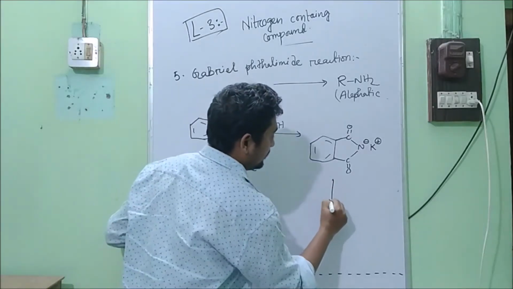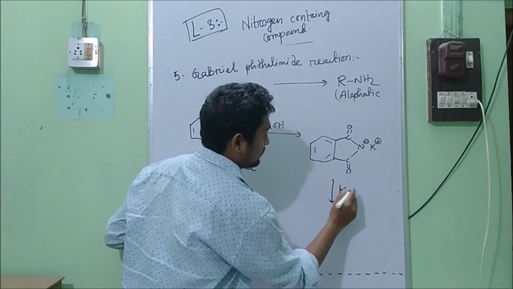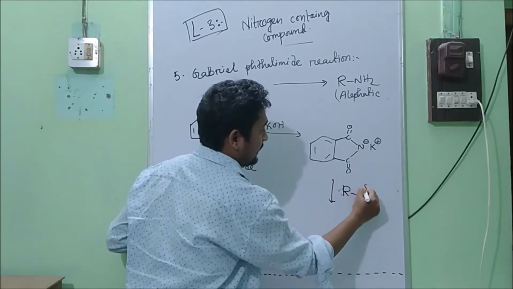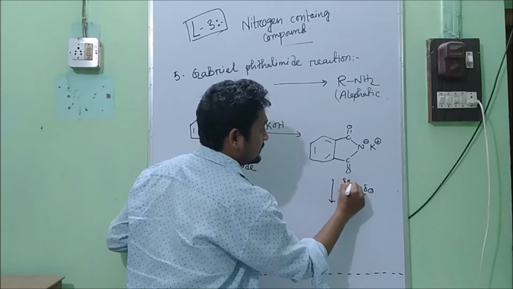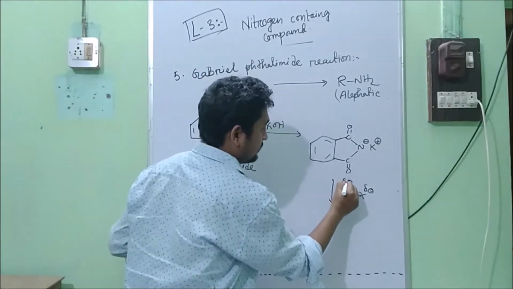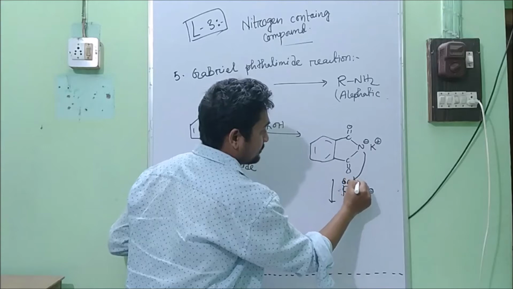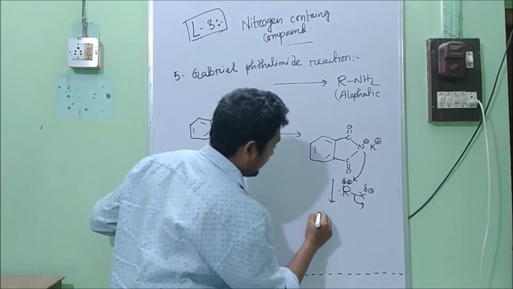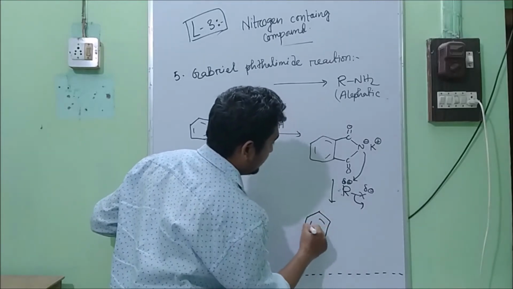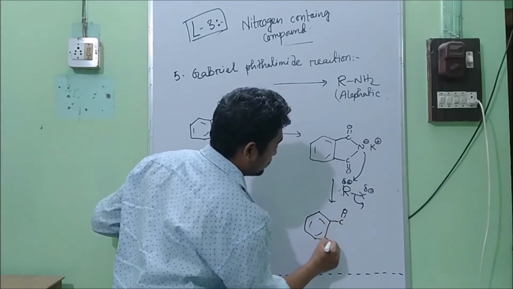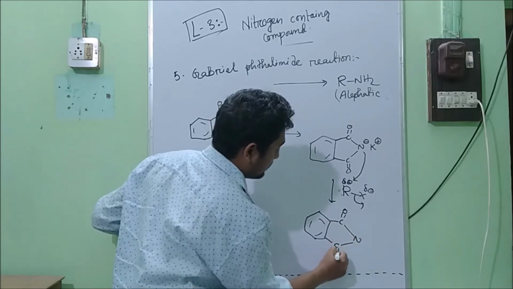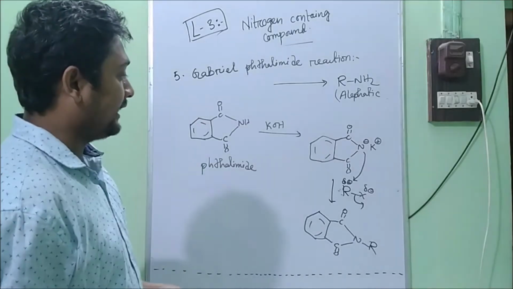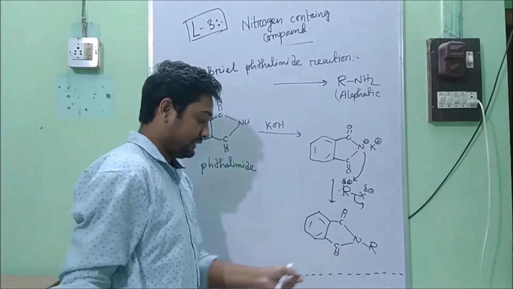Now, if we use alkyl halide RX, this is delta negative, this is delta positive. Now this negatively charged nitrogen will attack this positively charged carbon, and X will go out from the alkyl halide. So it will have CONR. This is N-alkyl phthalimide.